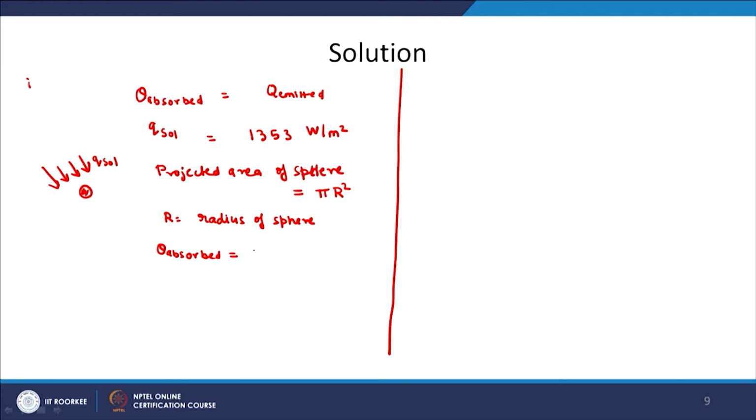So, the total energy absorbed by the sphere is Q solar times pi r square. The radius can be anything. So, the total energy absorbed by the sphere is Q solar into pi r square. Now, Q emitted.